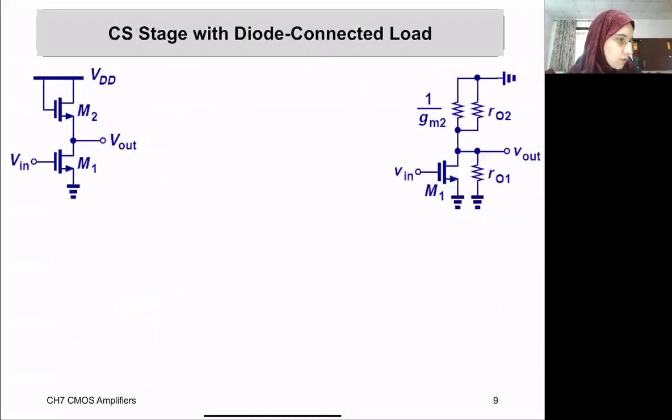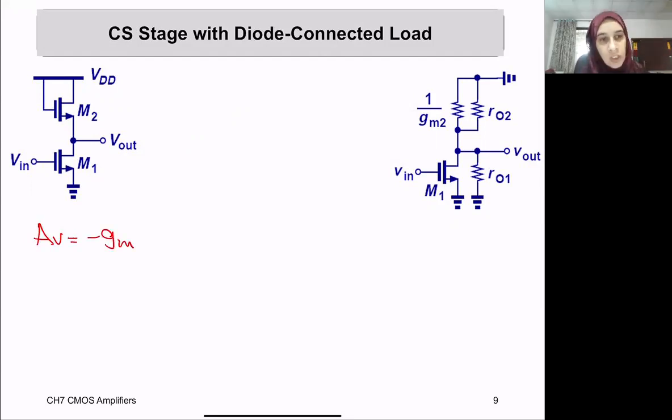Now I want you to think about this one for a few seconds. Again, you can draw the small signal model and do all that part, but let's try to become a little bit good at this. We just remember that gain equals minus gm.